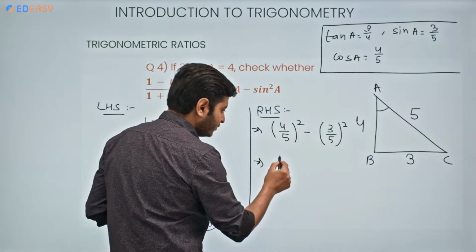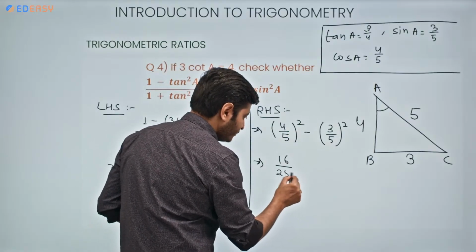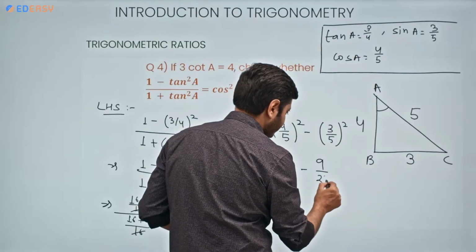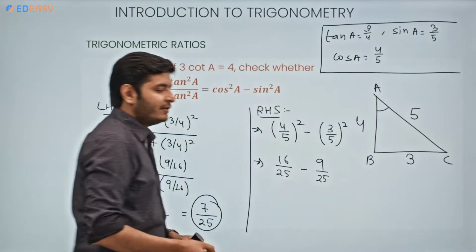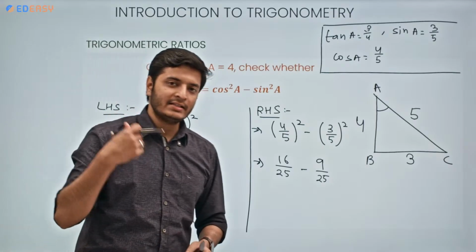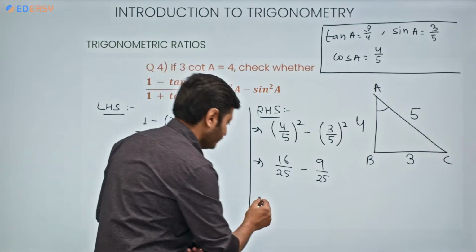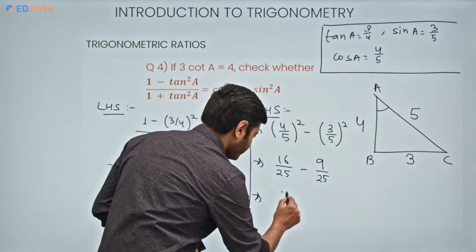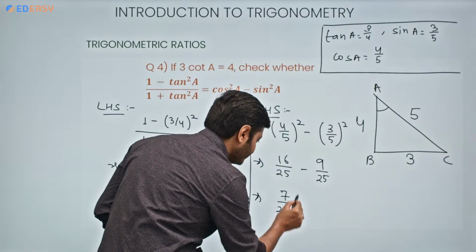Four by 5 whole square, 16 by 25, minus 3 by 5 whole square, 9 by 25. They are having same denominator, so we can easily perform the operation, correct? So it will become 16 minus 9, that is 7 by 25.